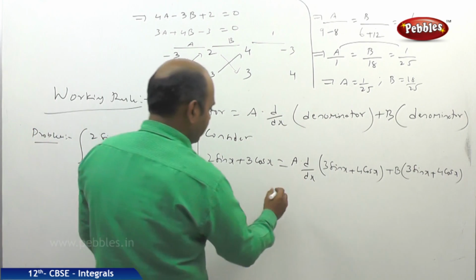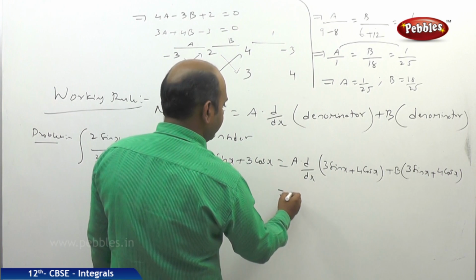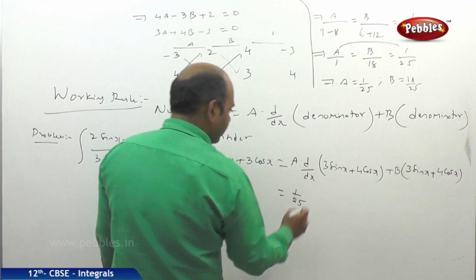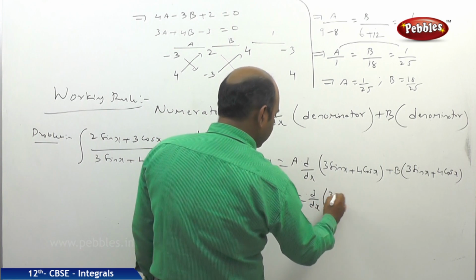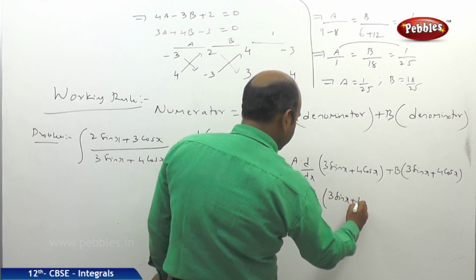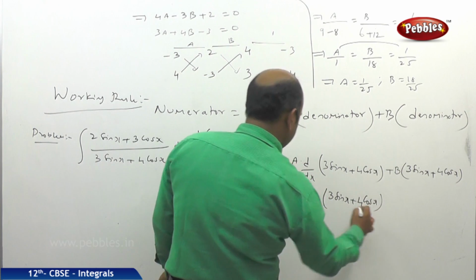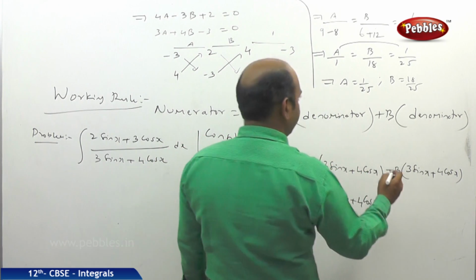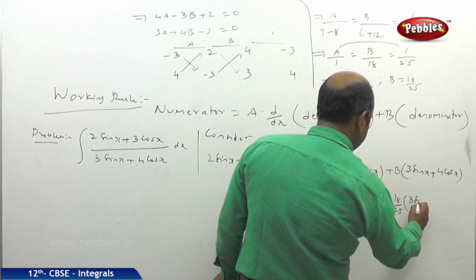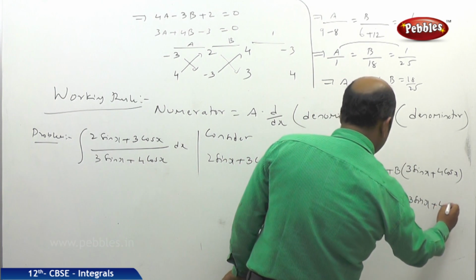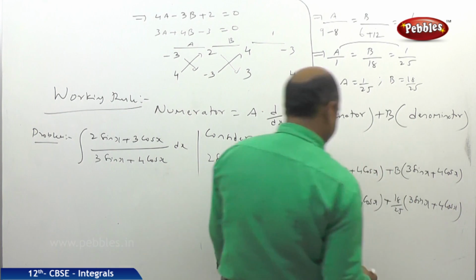So here, in place of a, I need to write 1 by 25 into d by dx of 3 sin x plus 4 cos x plus b, which means 18 by 25, 3 sin x plus 4 cos x.